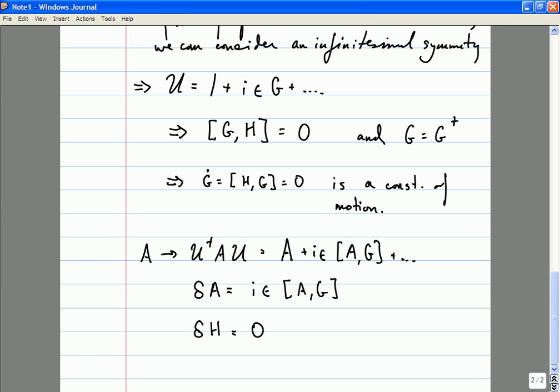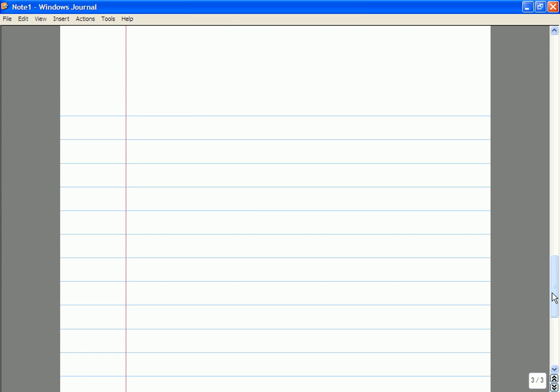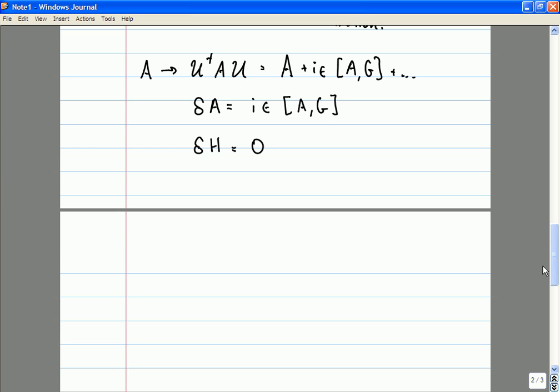Okay. So what is the fundamental utility, then, of these symmetries? The basic idea is that if you have a unitary operator which commutes with the Hamiltonian, these operators can be simultaneously diagonalized.